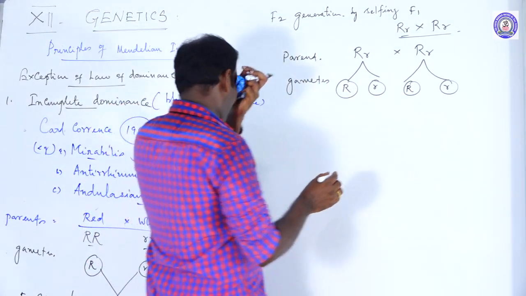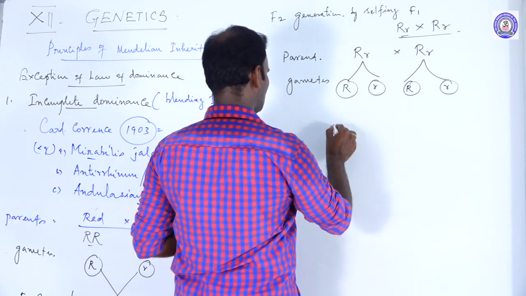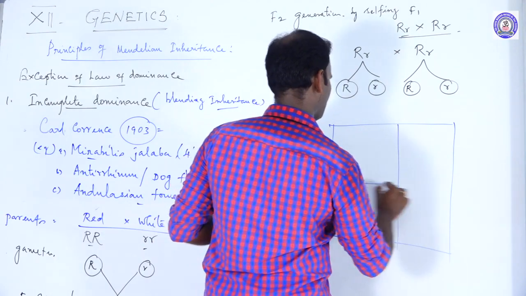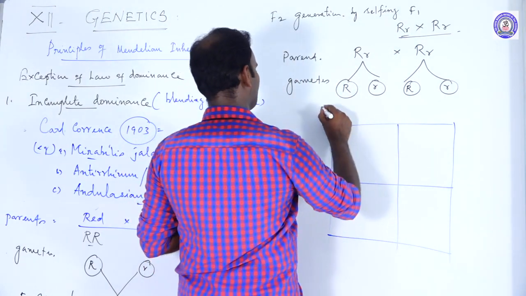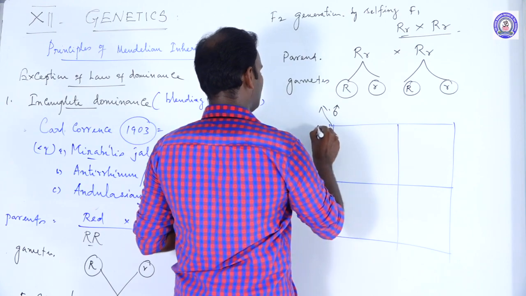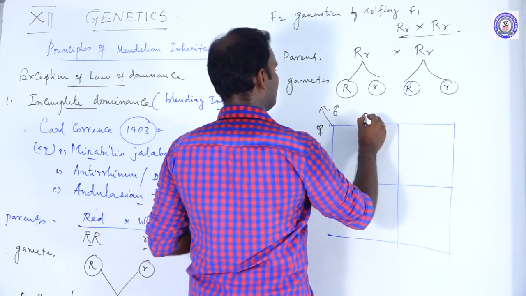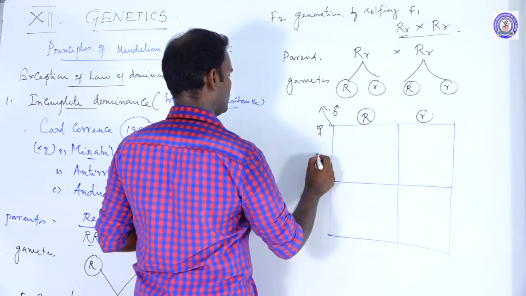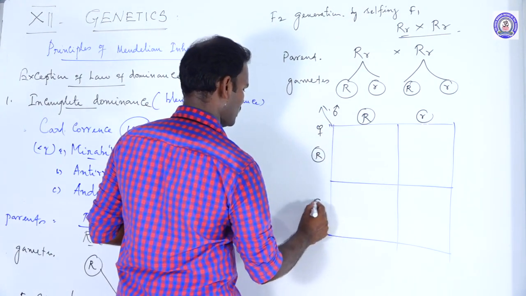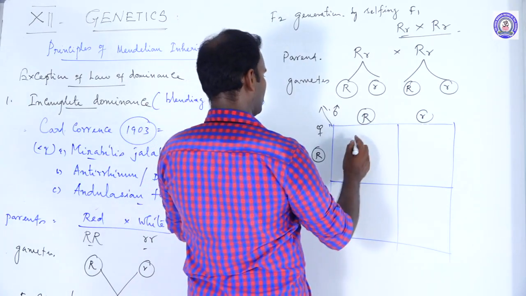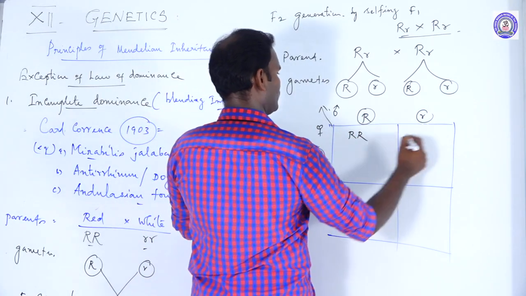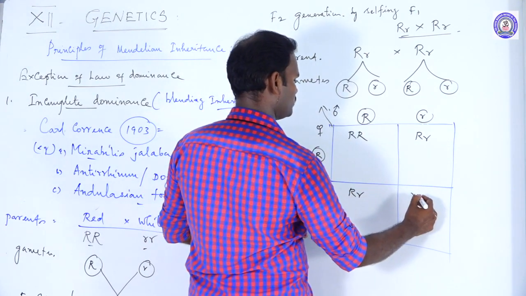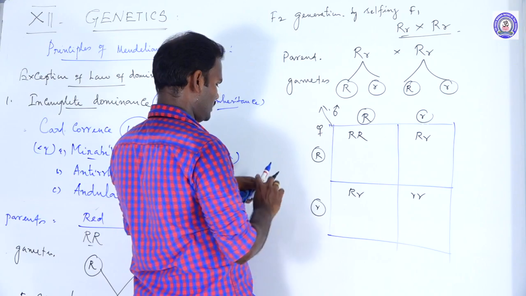And if you plot these gametes in the Punnett square, male here, female here, capital R, small r, female also capital R, small r, both are fused together. Here capital R, capital R, here capital R, small r, here capital R, small r, then small r, small r.